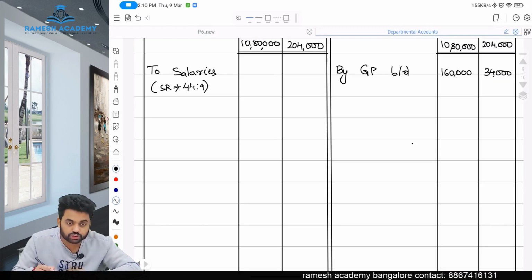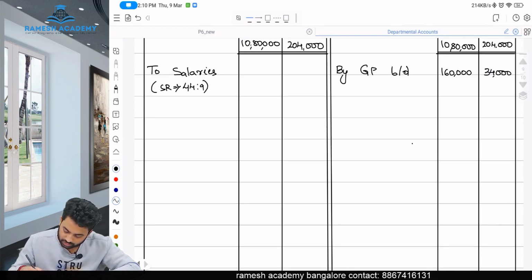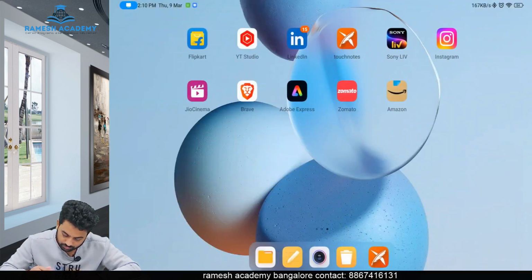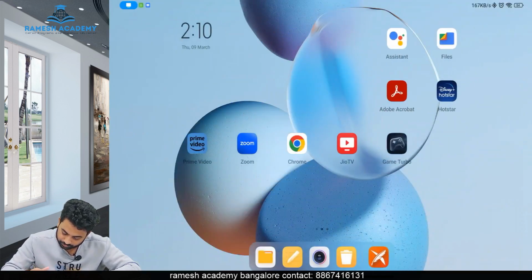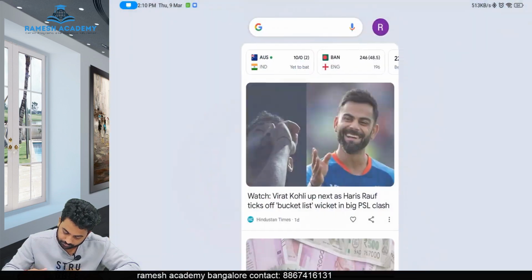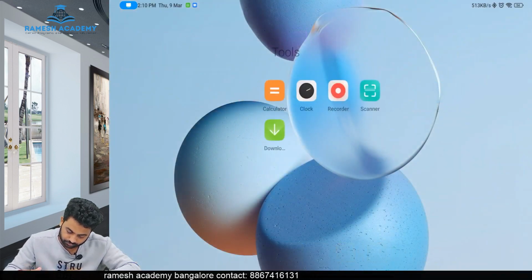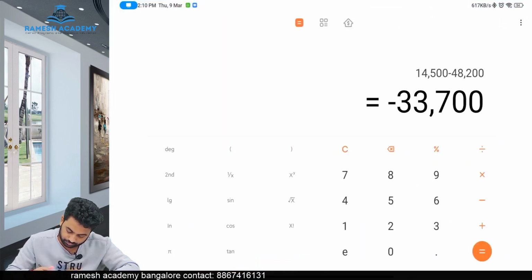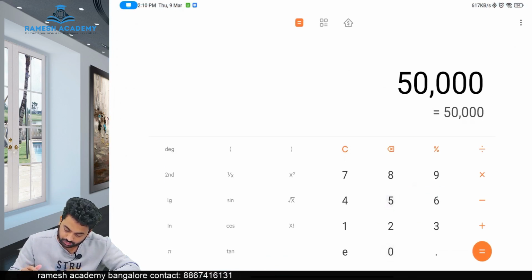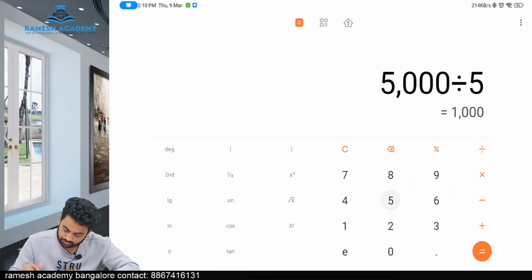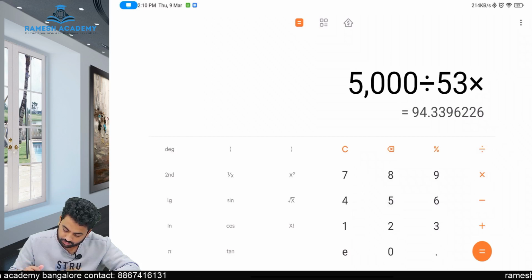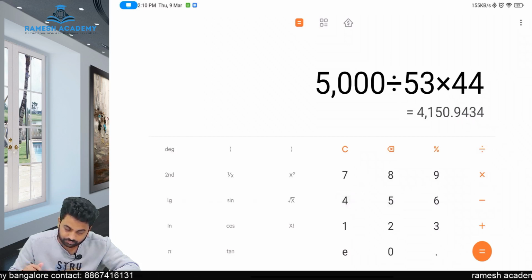So 5,000 should be divided among this ratio. How much will it be? 5,000 divided by 53, sorry, 5,000 divided by 53 into 44, 4,151, right?